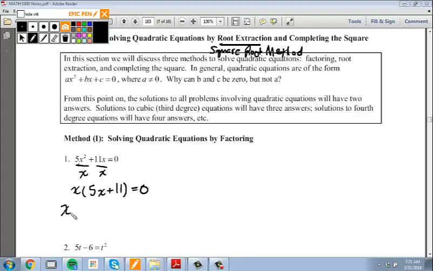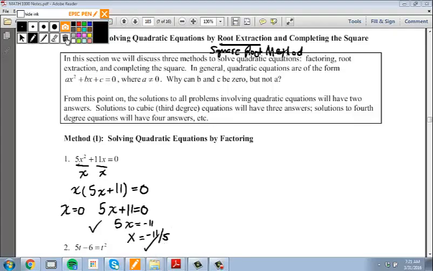Then set each factor equal to 0, so 5x is equal to 0, or 5x plus 11 is equal to 0. If I subtract the 11, I get negative 11 and divide by 5, so negative 11 over 5. So there are two answers there, 0 and negative 11/5.